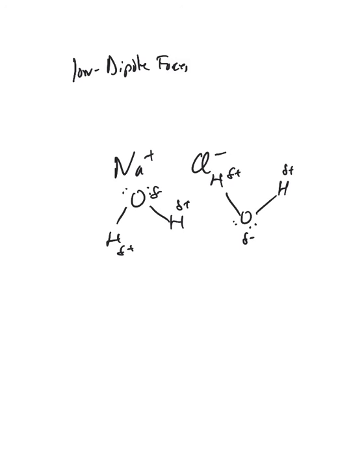And so you can see how the partial negative charge on the oxygen can interact with the positive sodium ion, or the partial positive charge on the hydrogen interact with the chloride ion. And now you've got a hint as to how these ionic compounds can dissolve in water, and how these ions can now become hydrated. They become surrounded by water molecules. And so this is an example of ion dipole forces.